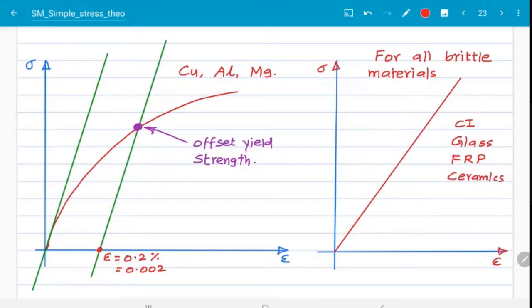So these are the examples for brittle material. Okay, right? Direct straight line. Right? The last point is nothing but SUT. Ultimate tensile strength. Okay, right.